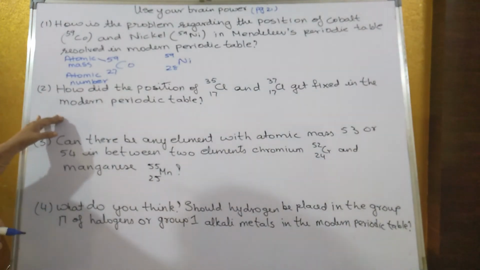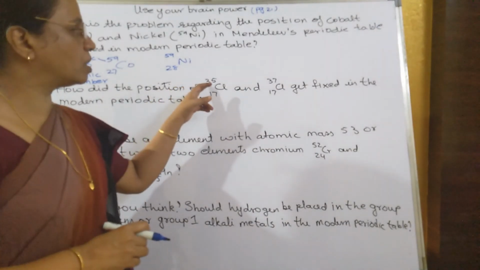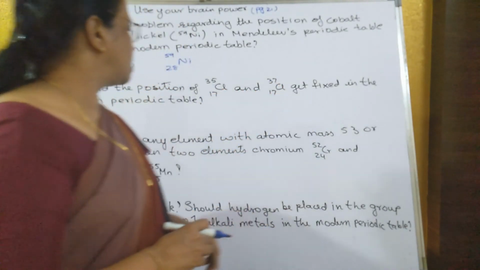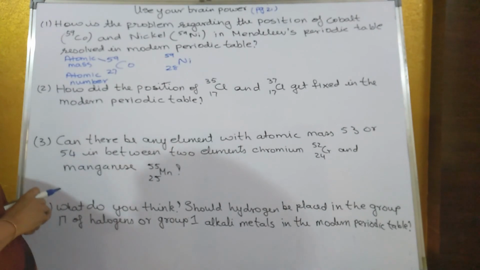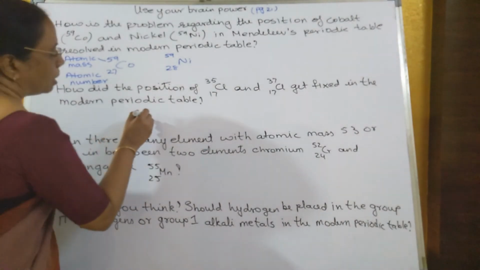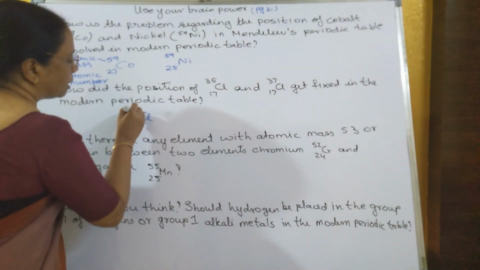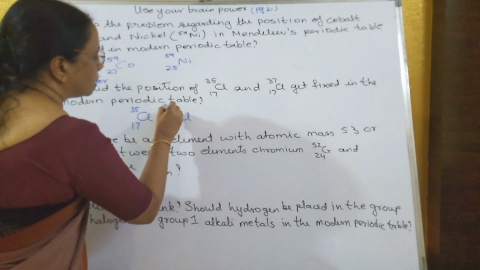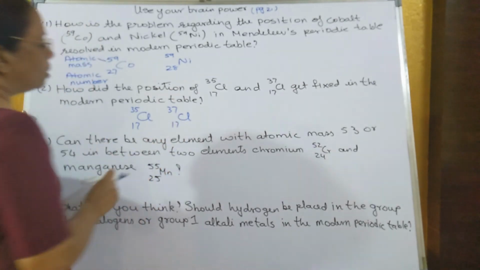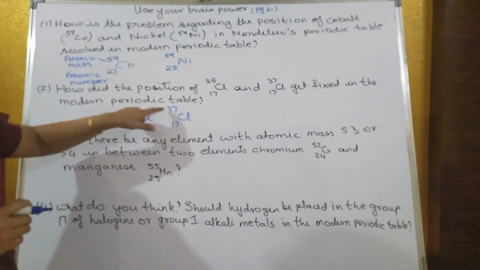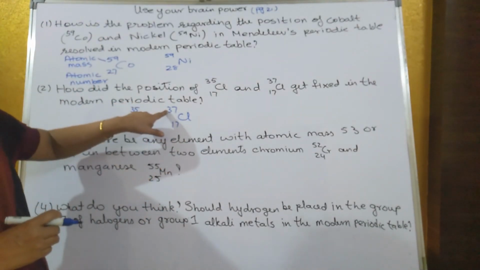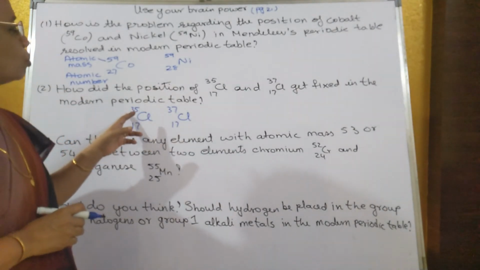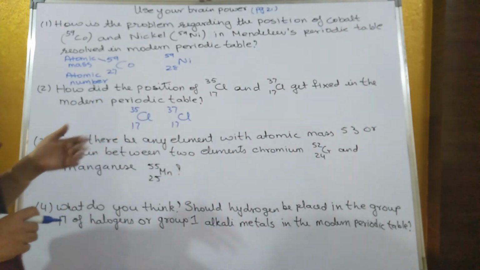Now second, how did the position of the isotopes 35Cl17 and 37Cl17 get fixed in the modern periodic table? So isotopes of chlorine are what? Cl 35 17 and Cl 37 17. Now if you look, the atomic mass is different. So in the Mendeleev's periodic table there was a confusion whether to place them in different boxes or in the same box.